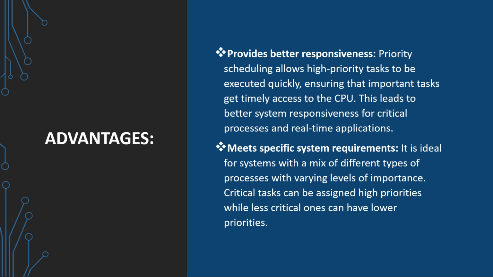This leads to better system responsiveness for critical processes and real-time applications. Meets specific system requirements. It is ideal for systems with a mix of different types of processes with varying levels of importance. Critical tasks can be assigned high priorities while less critical ones can have low priorities.